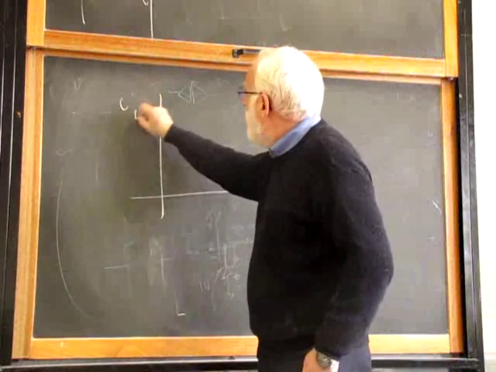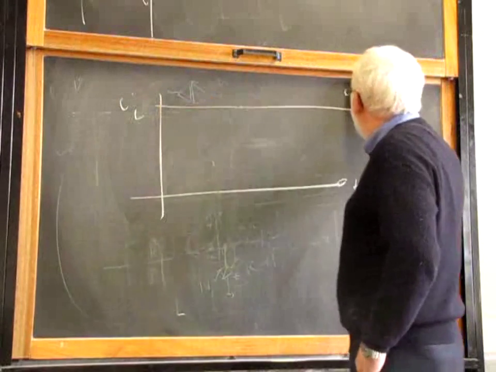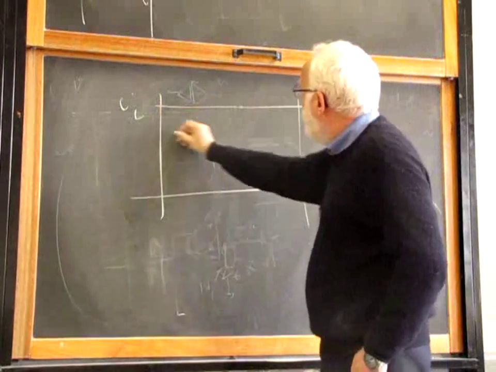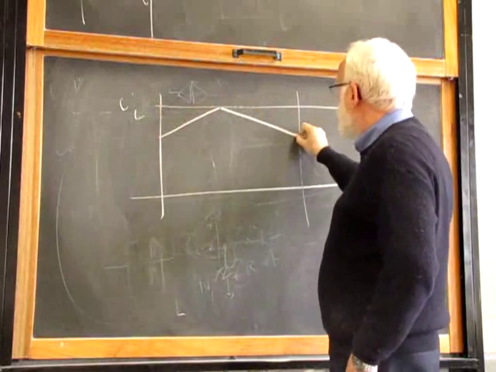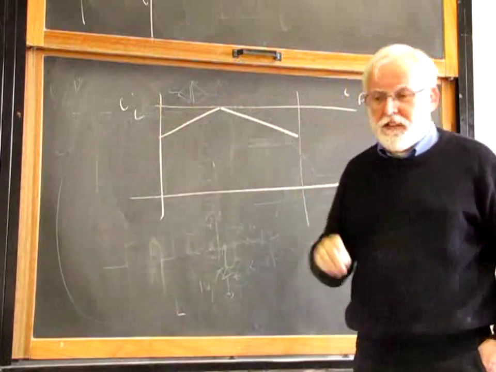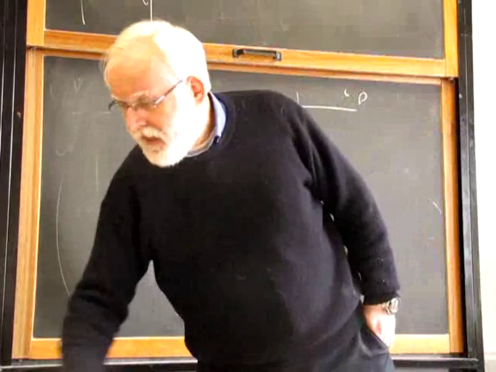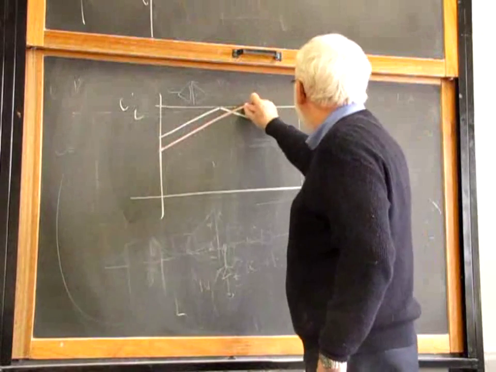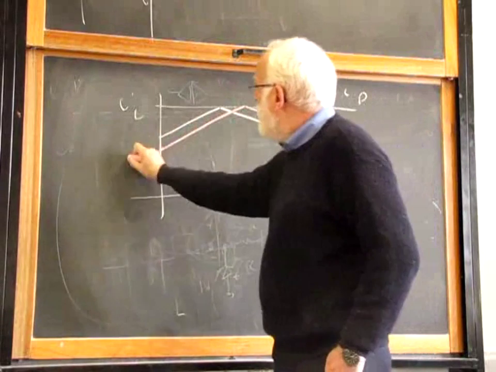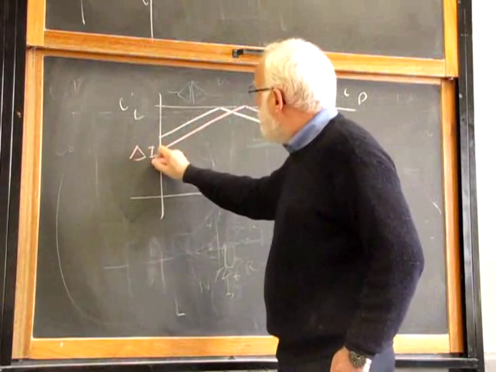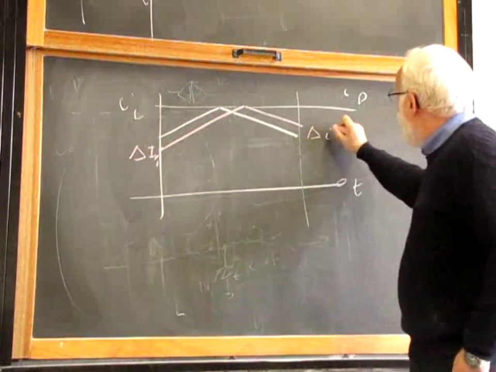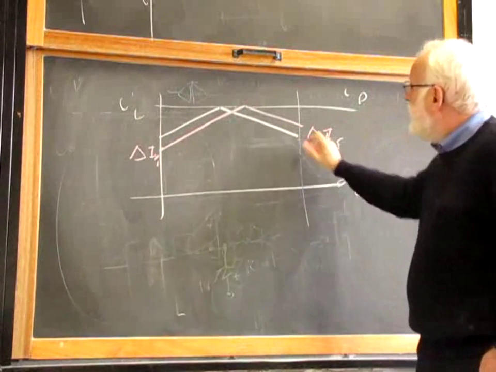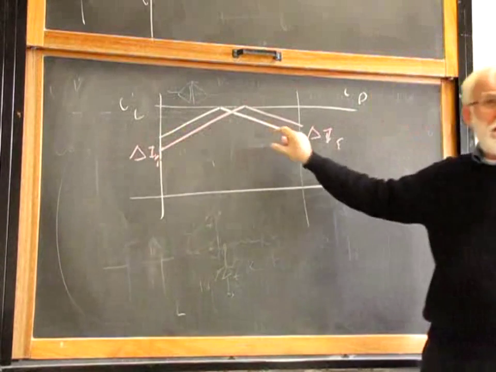Time, IL, I peak, this is the IL that I expect, nice IL, cyclostationary conditions, and this is the IL that I get. Delta II, and this is delta IF. Initial value, final value.